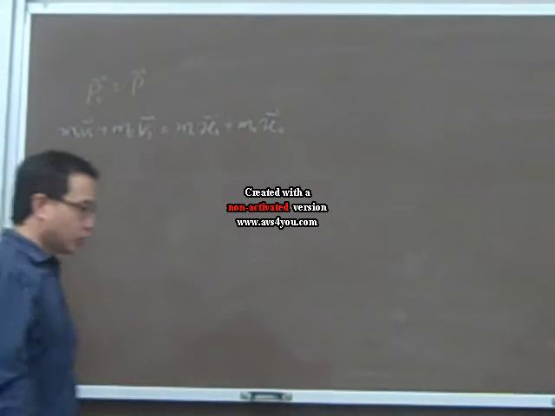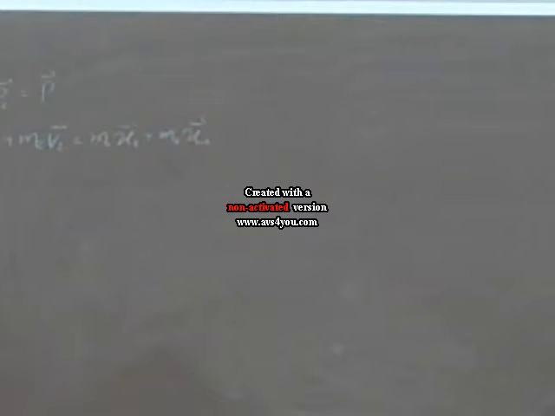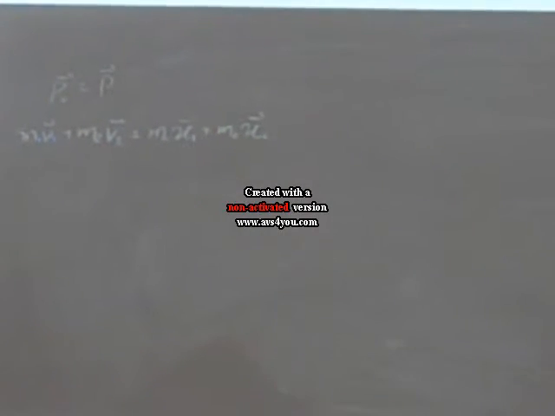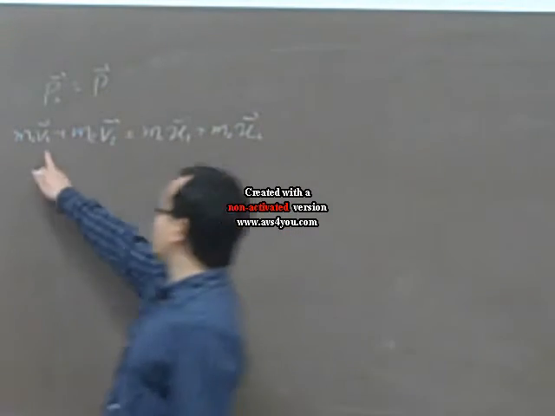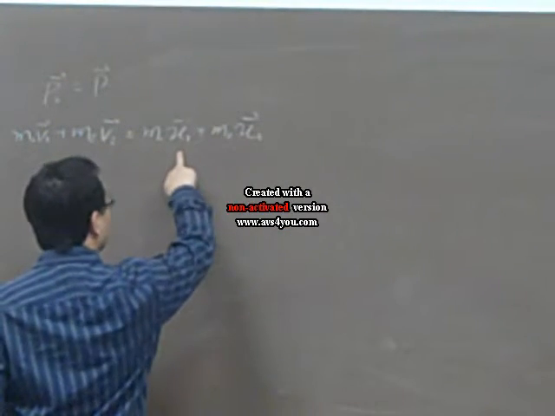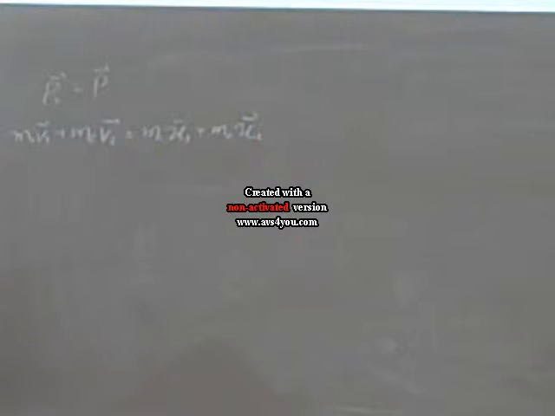Here, we use u to denote the final velocity, and v stands for initial velocity. So initial velocity 1, initial velocity 2, final velocity 1, final velocity 2.